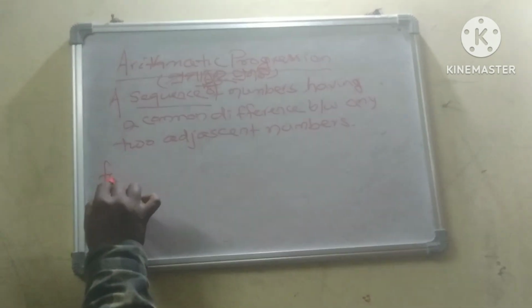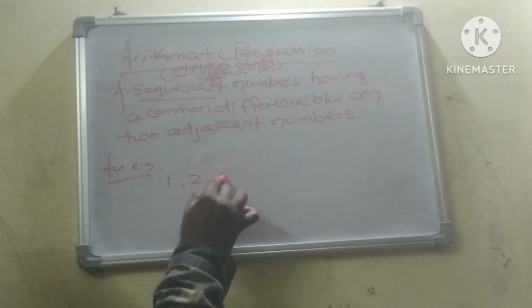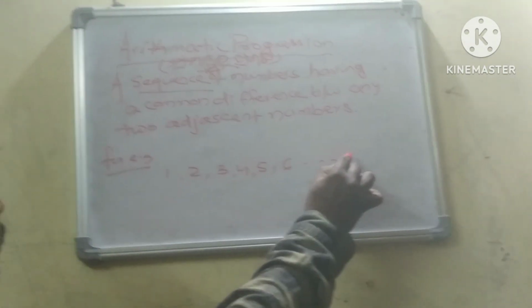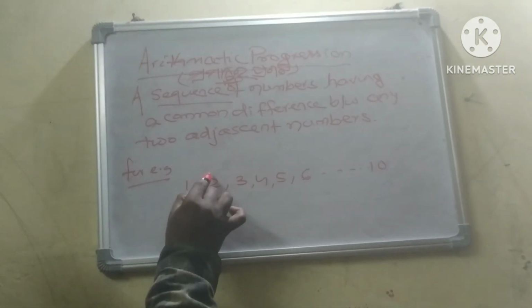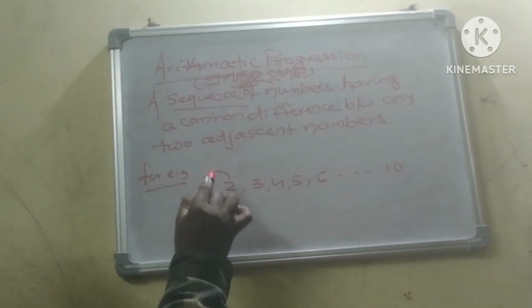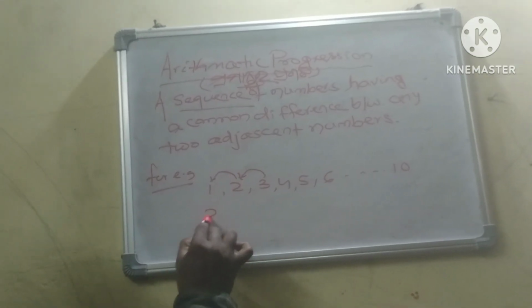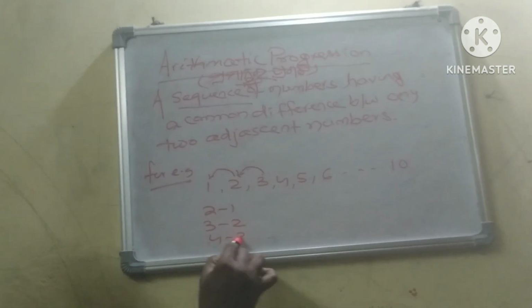For example, suppose 1, 2, 3, 4, 5, 6. So check the common difference. Adjacent numbers, subtract: 2 minus 1, 3 minus 2, 4 minus 3.